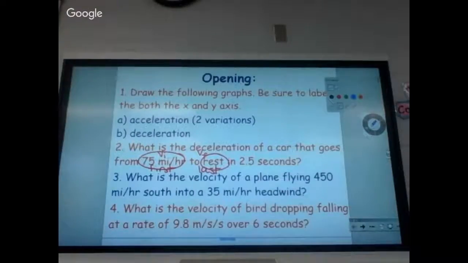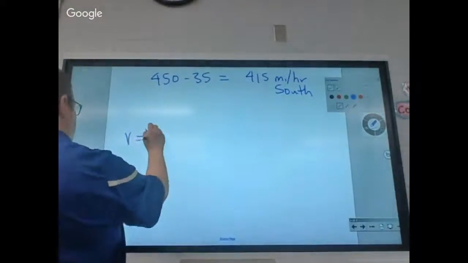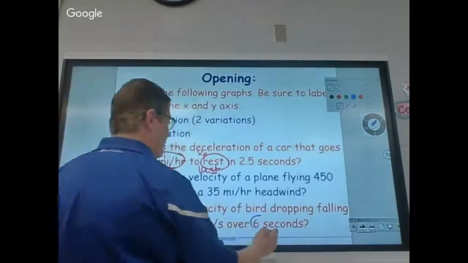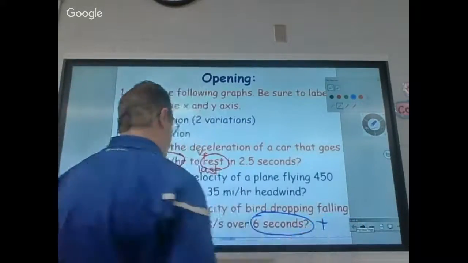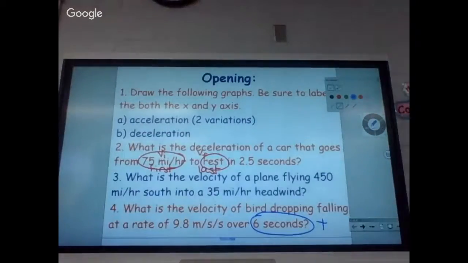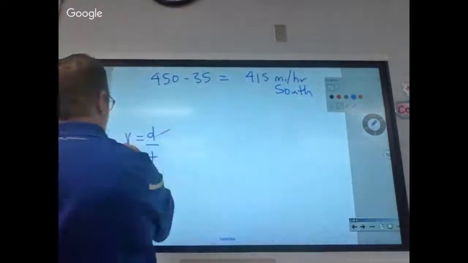Did you just do some math? Okay, so velocity equals d over t. A lot of people do that. If I pick that one, I got a time right here. Do I have a distance? No. So this one will not work for us.